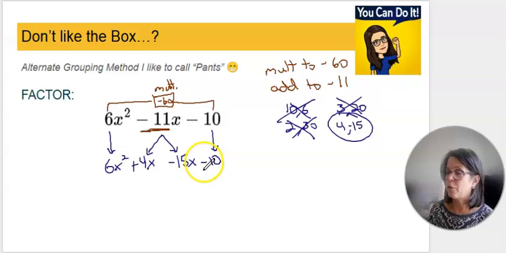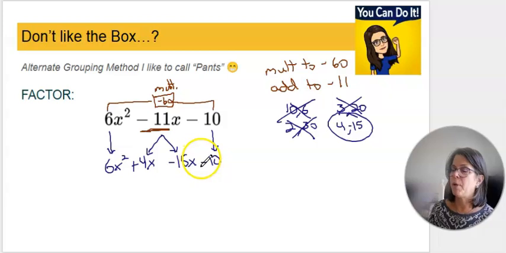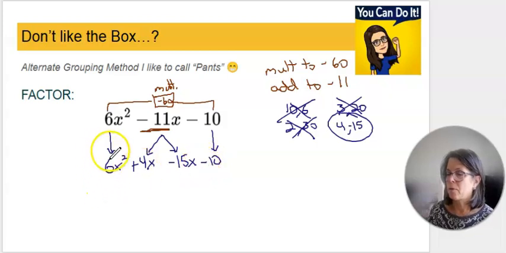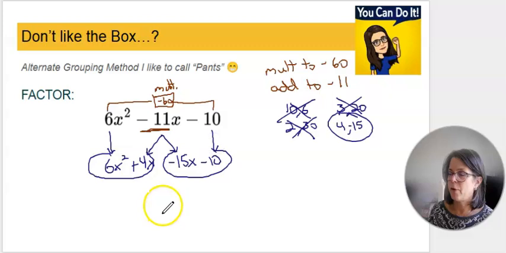Now we have two pieces here, right? Two groups. And if we group them together, look for the GCF of those separately.